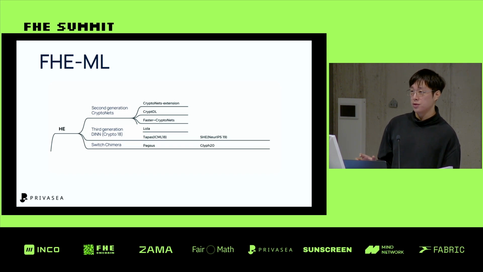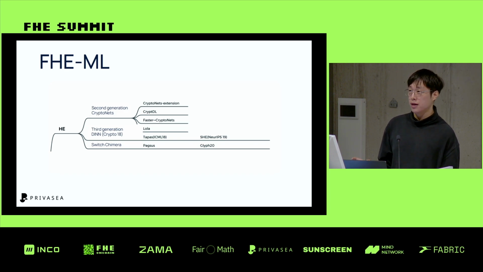But when you deal with ReLU functions, you need to use polynomial approximation. And if you use the third generation like DINN, you use bitwise encryption, then you can deal with ReLU easily. But the large-scale multiplication and addition is not very friendly for the third generation.